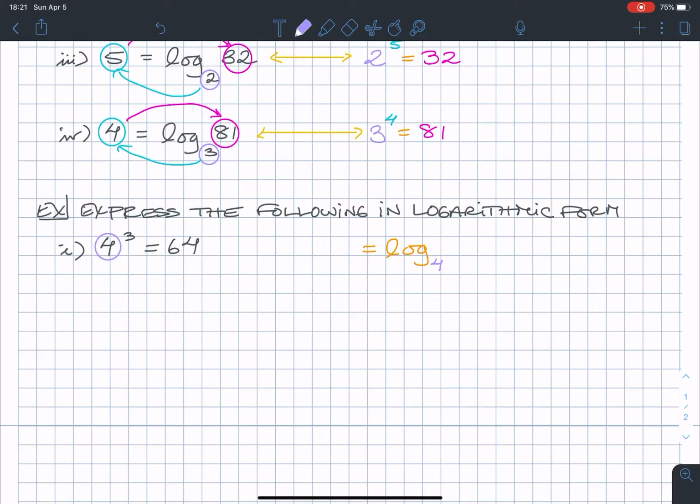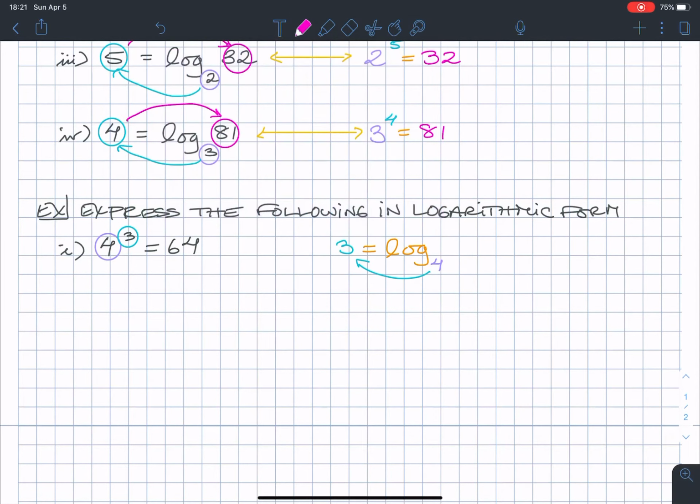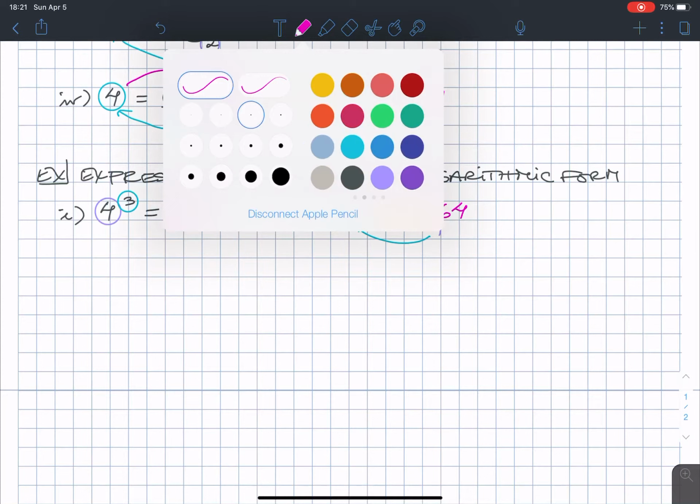So 4. Then I know it's raised to the 3rd power, so that'll be what this is equal to, and set equal to the argument. So I know that this will have a 64 inside. So there we are. That's the logarithmic form of this equation.